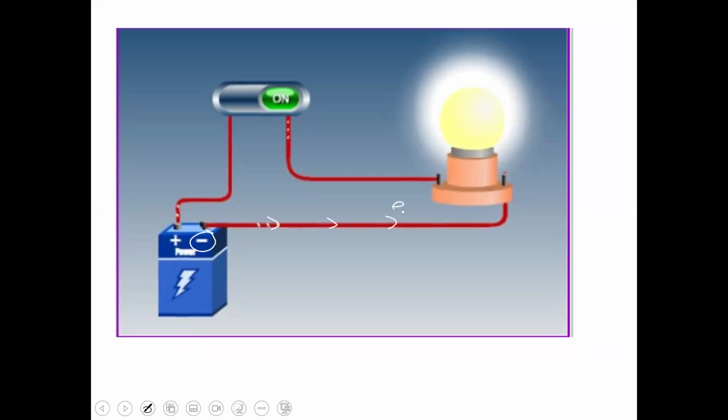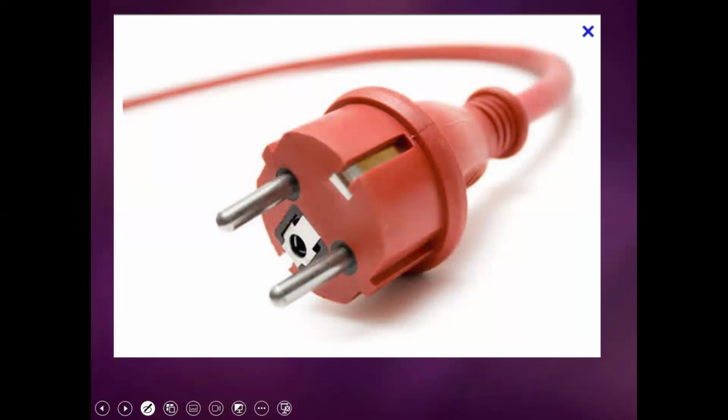So electrons will go in this bulb and they transfer energy to the bulb. The bulb lights up because it converts the electrical energy into light energy. Now, after delivering the energy, electrons come back home and they get ready for the next round. This is how electricity is working.